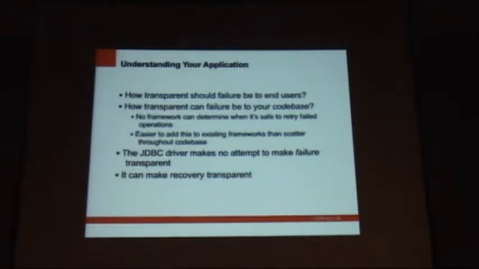So it may be a while until the next available resource is picked and then their transaction proceeds as normally. You kind of need to know those things because it drives how you approach failover. It also approaches some things you'll plug into load balancing. The trickier thing to understand is how transparent can failure be to your code base.